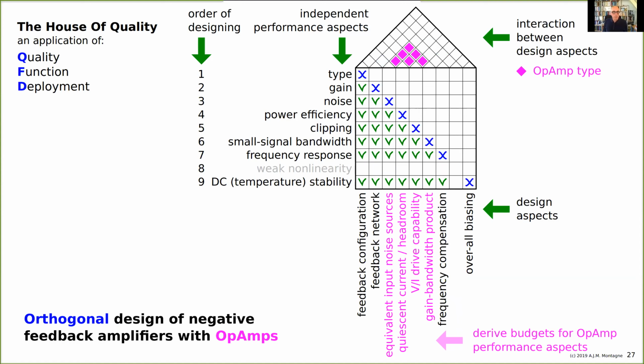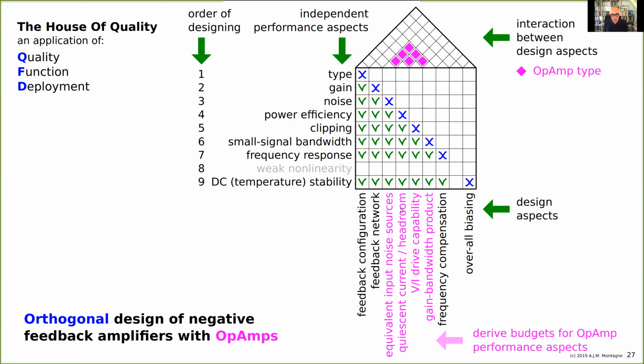For operational amplifiers, it looks like this. We are focusing on a limited number of aspects. We are not studying weak nonlinearity, and 4 of those aspects relate to the choice of the operational amplifier.